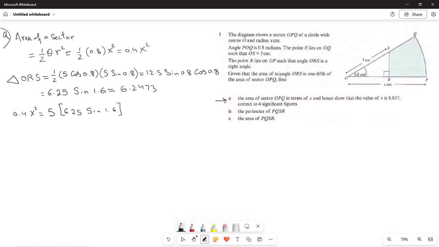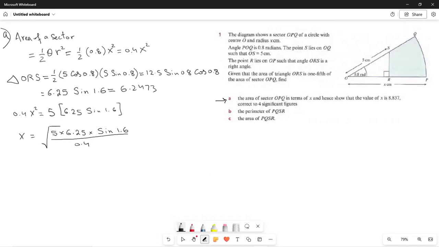From here we can calculate the value of x directly. x is the square root of 5 times 6.25 into sine of 1.6 radians, divided by 0.4.